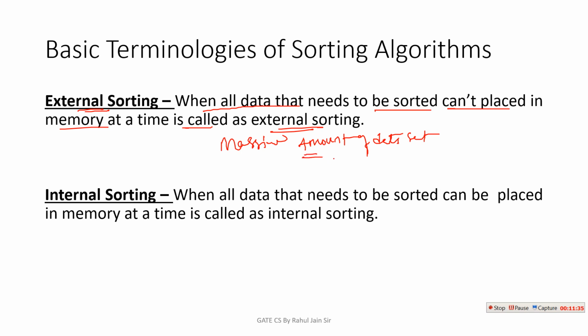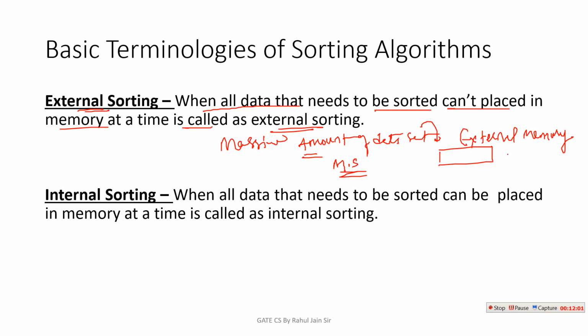At that time, some sorting algorithms, like a typical implementation of merge sort, are unable to hold all the data elements at a single time. At that time we need some external memory to place all the data set into it one by one, right?